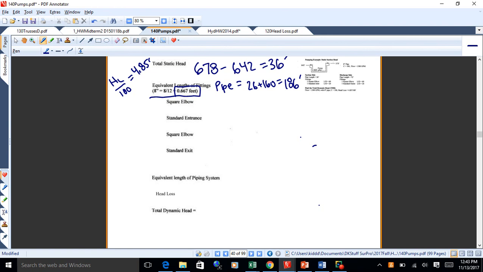We've got two elbows. They've got an L over D of 64. You just find that on your minor loss chart. And that's times 0.667. So that comes out to be, I think, 85.3.